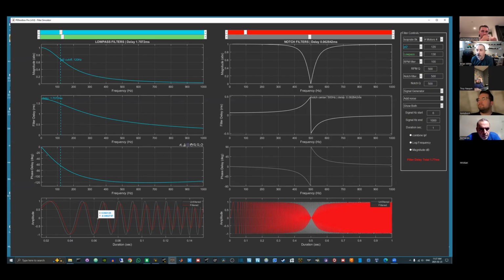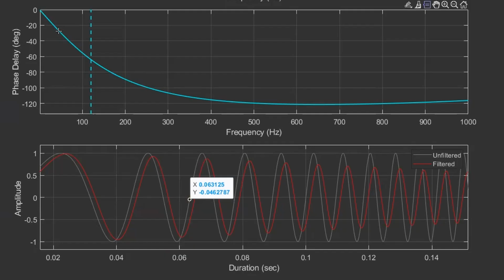Prop wash is probably less than roughly 50 hertz, depending on the power, weight, etc. of the drone. So for the most part, most of our world is happening less than 50 hertz. And when you look at the phase shifts there, you're only looking at a max of about 30 or 40 degrees out of phase in its worst case scenario, right?